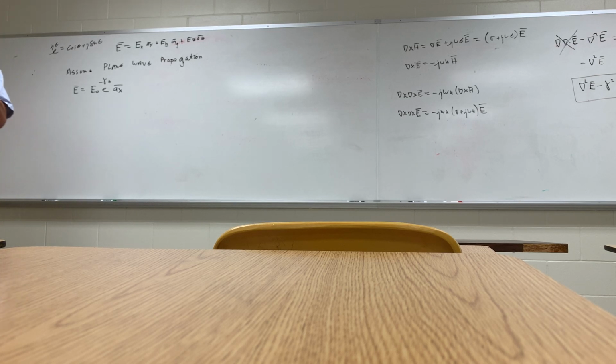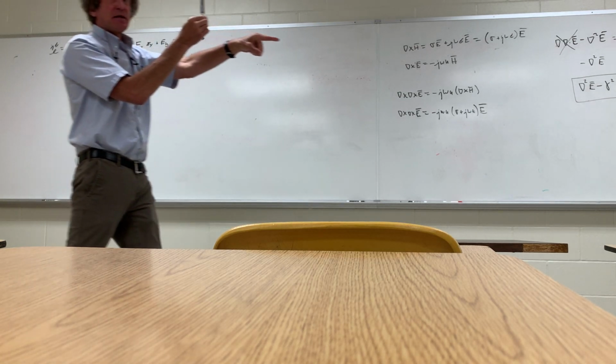What I'm really saying is this. If we take a look at the electric field that we're going to be talking about in plane wave propagation, it has, call X up for now, right? It has only an X polarization and it's moving in the Z direction. So it's hard to envision this, but I'm just showing you the actual orientation of the electric field, and it's propagating in this direction.